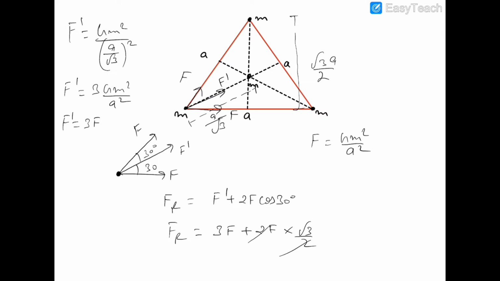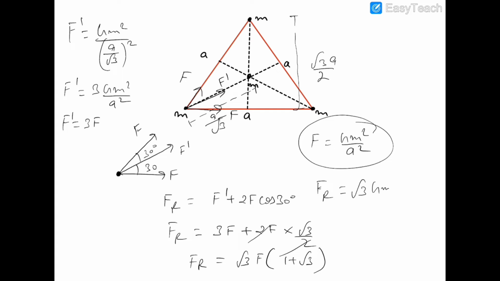So F resultant will be equal to root 3 F, F is common, 1 plus root 3. And the value of F is this one. So resultant force will be root 3 Gm square by a square into 1 plus root 3. This is the value of resultant force acting on this mass M.